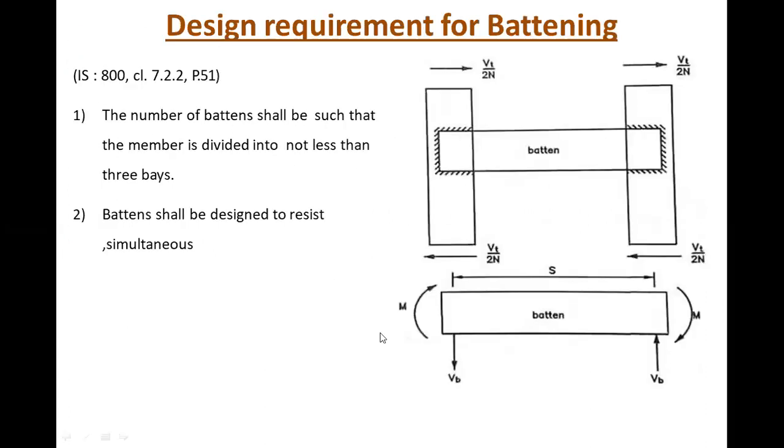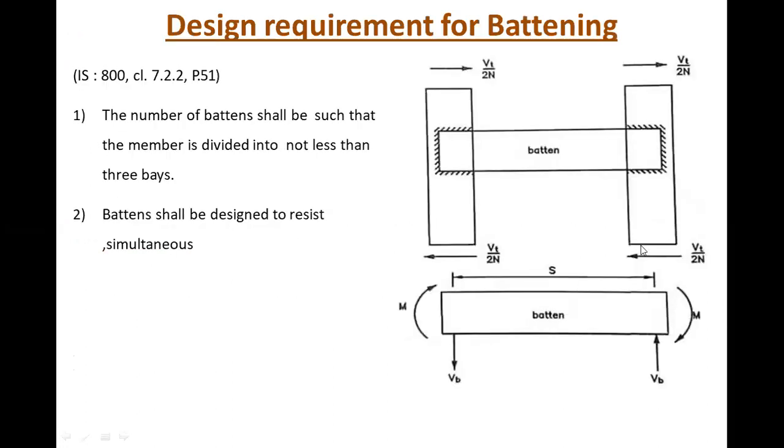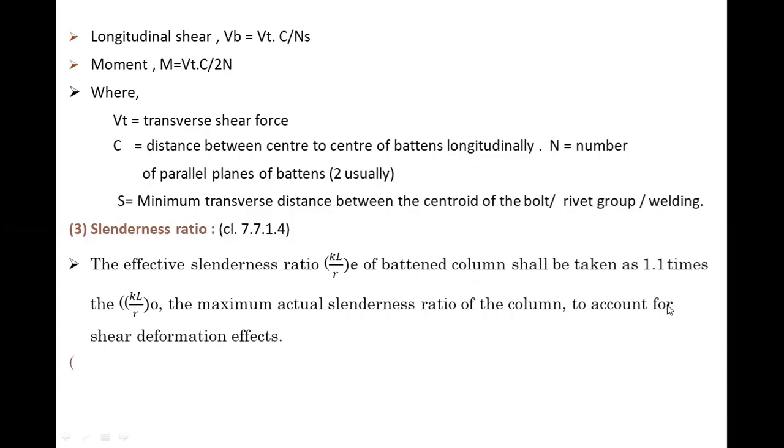All this is given in this figure. N is the number of parallel planes of battens. Usually there are two, right?